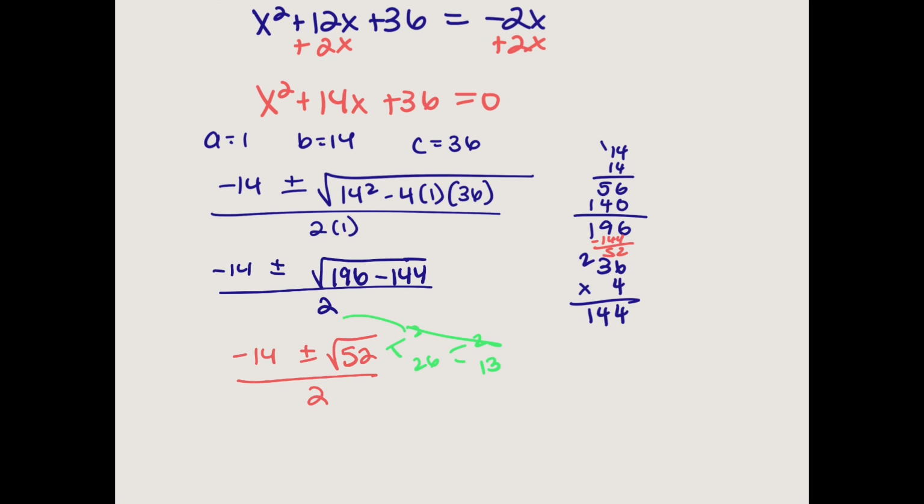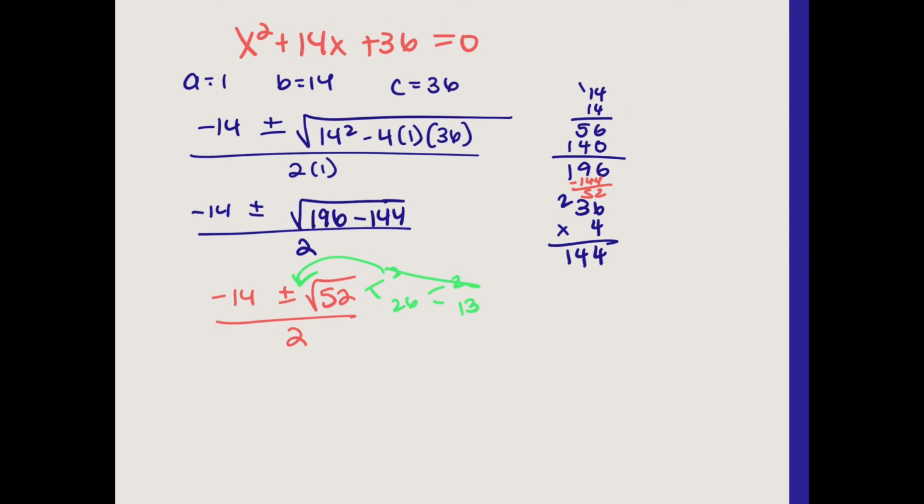So the pair of 2's comes to the outside. Negative 14 plus and minus 2 square root 13 over 2. And then 2 goes into all of those parts. So negative 7 plus and minus the square root of 13 would be your final answer.